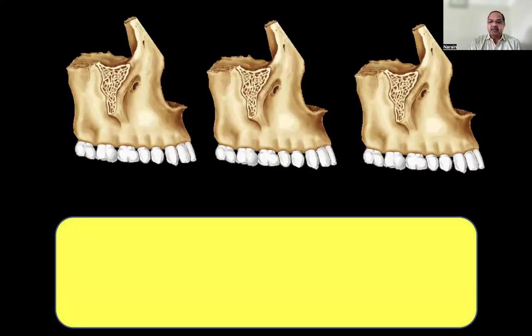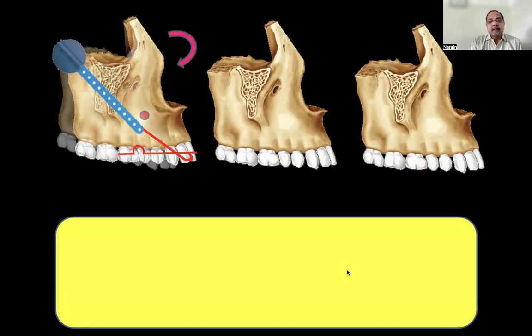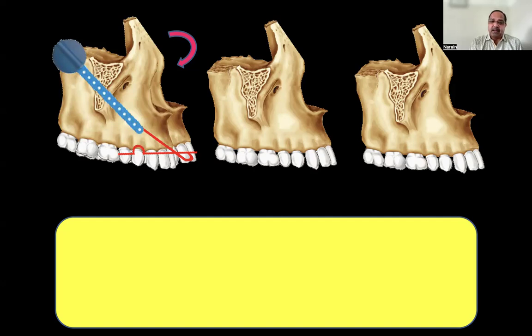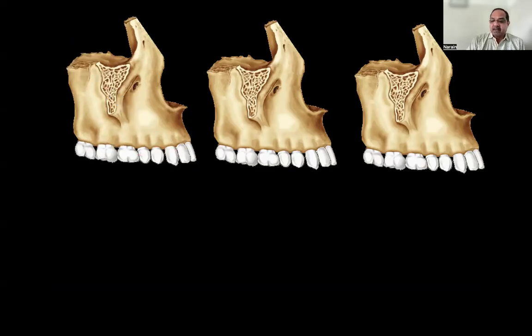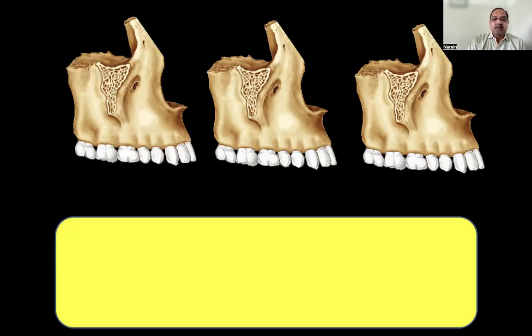Now, I spoke about how we would be applying forces above and below the center of resistance. Now, let us see a situation where you have the outer bow above the occlusal plane. That's the center of resistance of the maxilla.